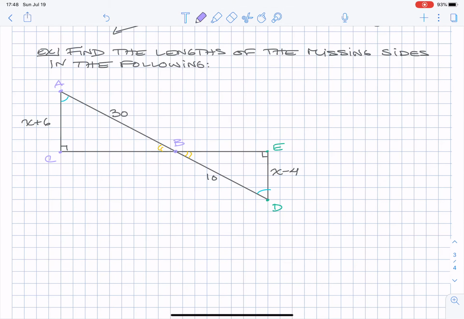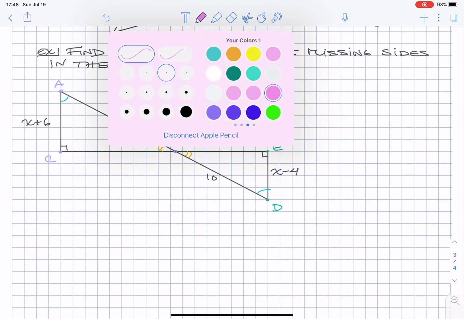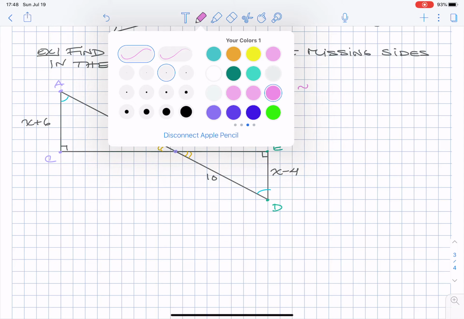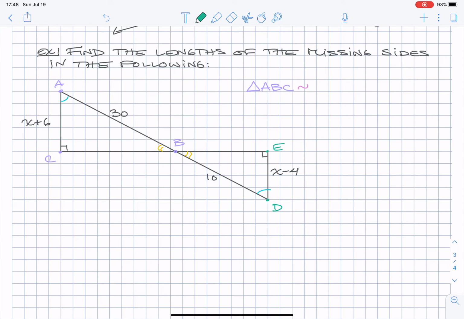There's no other choice. But what do I know? If all three angles are the same, then triangle ABC is similar to triangle DBE. Let me see if I can do this right. A is the top, so that's triangle DBE. They're similar triangles because they all have the same measures.